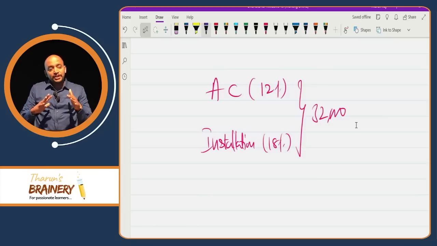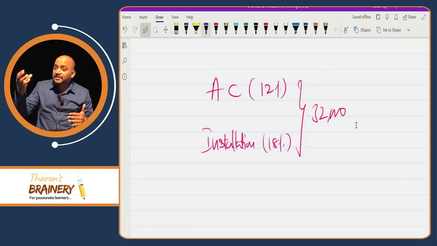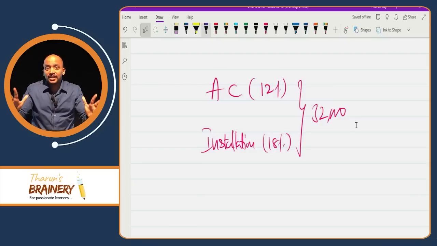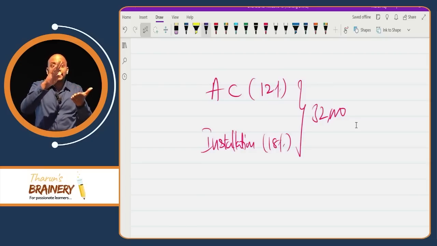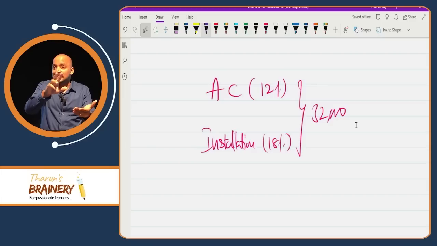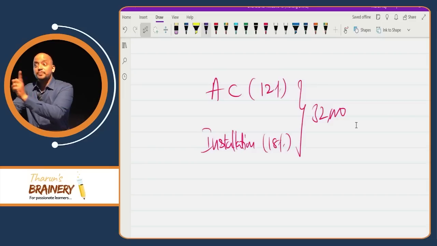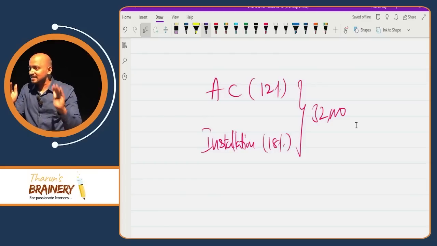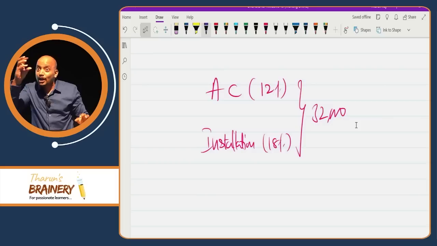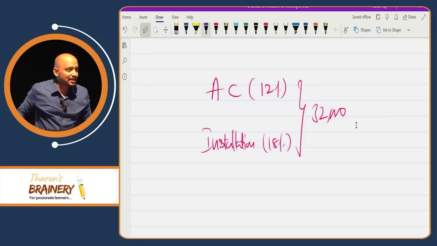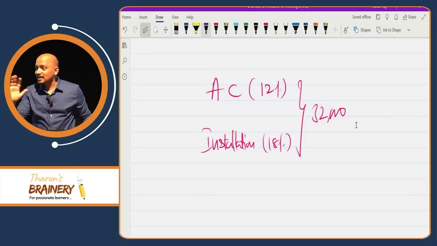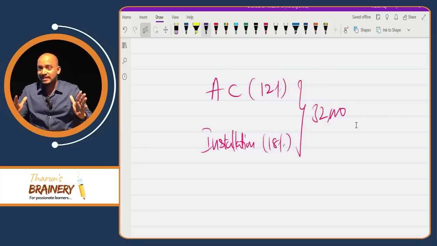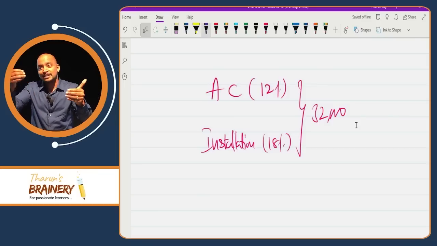Even though we can buy AC without installation, that is remote. Whenever you interpret this, we generally look at the exceptions, because we are known for that. The moment we study CA, we always look at exceptions. Correct or not? But here we should not look at exceptions. Generally, in the ordinary course of business, the one who sells AC will do the installation also.